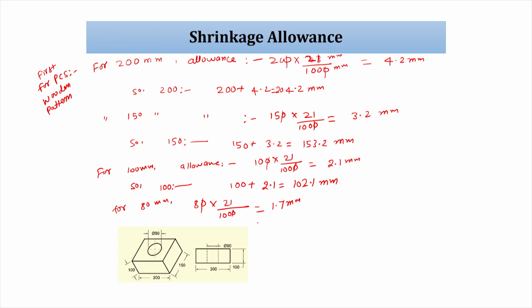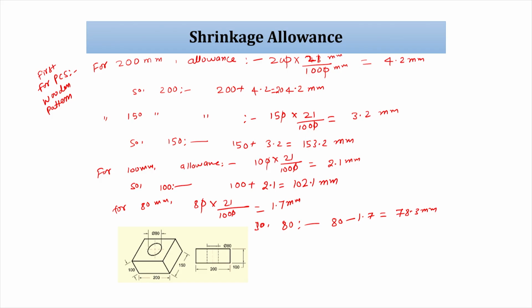So 80 converts into 80 minus 1.7, equal to 78.3 mm. For the first shrinkage, these are the values.